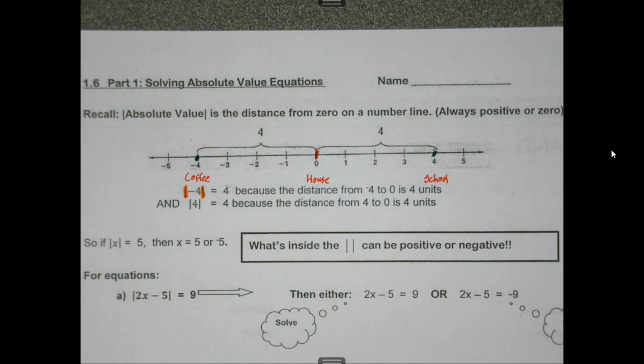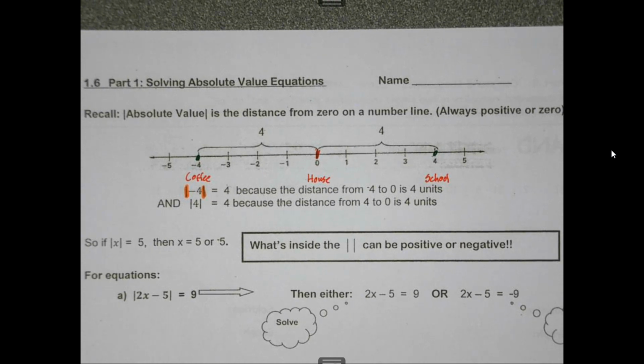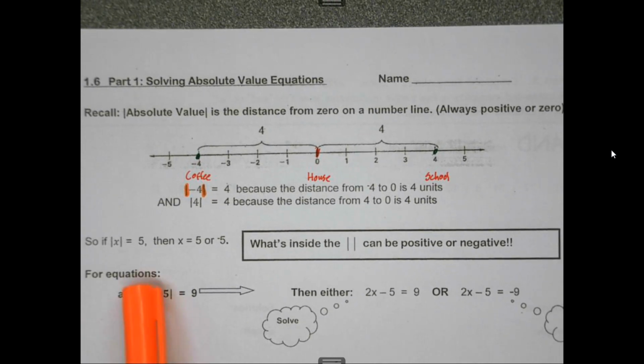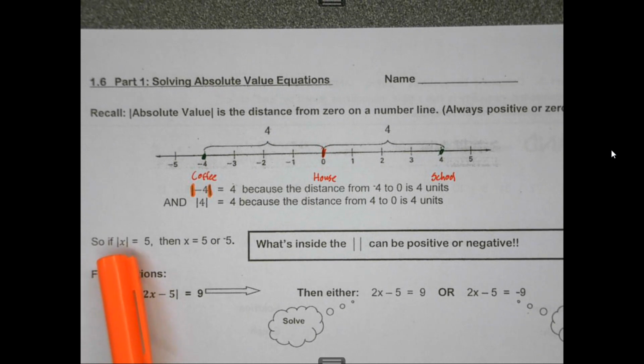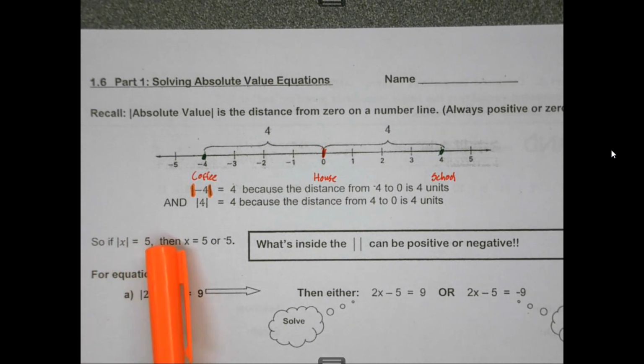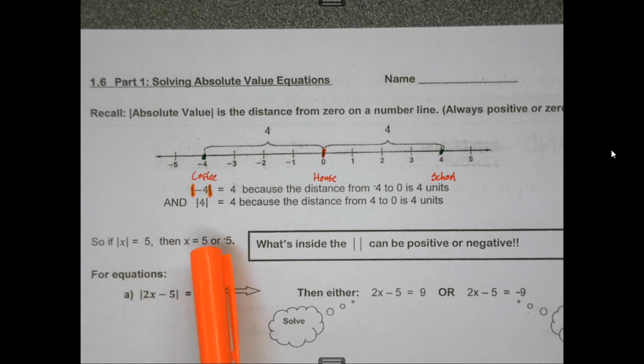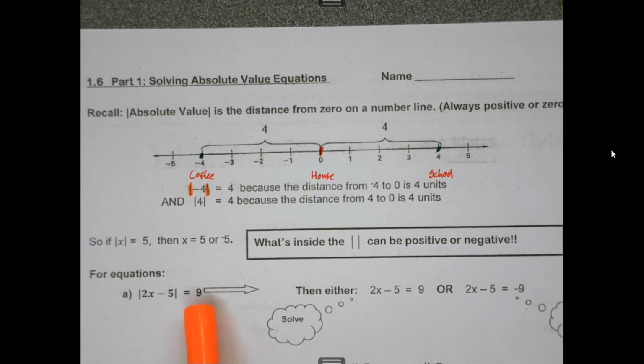So if we were to take those absolute value bars off, say I have the absolute value of x equal 5, I don't know if you're talking about the location point 5 or -5. So we have to consider both situations when we run into an absolute value equation. We're also going to have to do that when we hit inequalities in part 2.